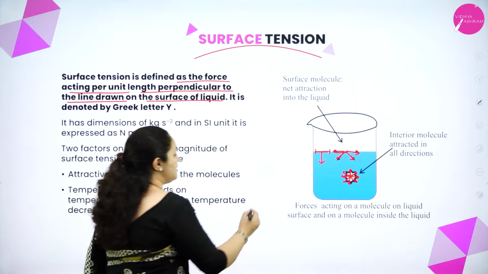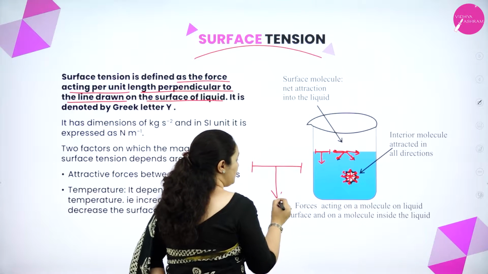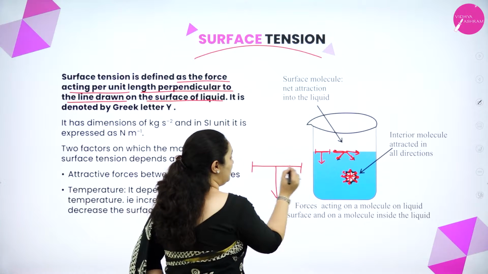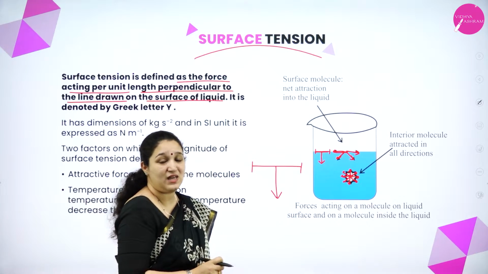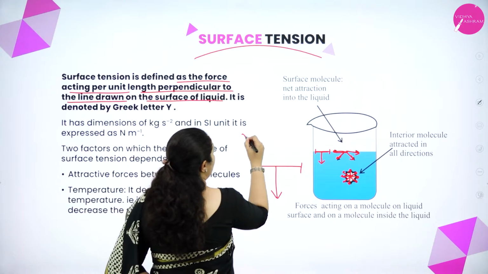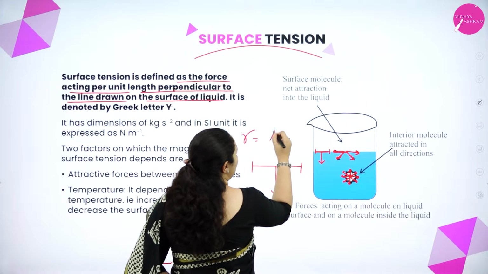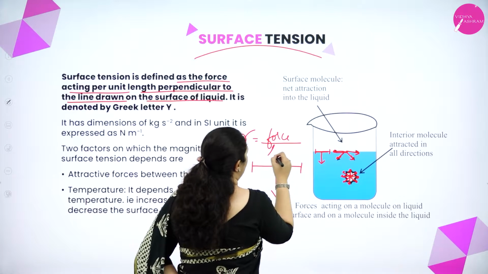So if this is the surface of the liquid and this is the line drawn, the force acting perpendicular to the line drawn per unit length of the surface is called surface tension. Surface tension is denoted by gamma. It is nothing but force by length.